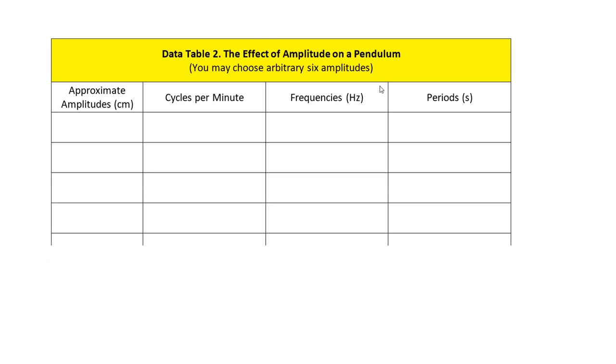Amplitude will be measured by just, you know, this can be the amplitude. Yeah, amplitude will change. What kind of values do we have to use? You may use arbitrary values, but here we have to see how to measure the amplitude.